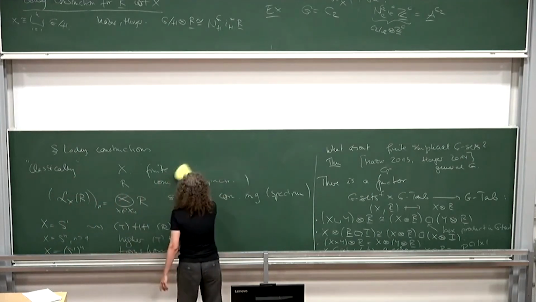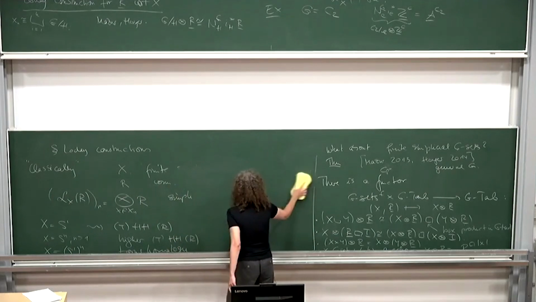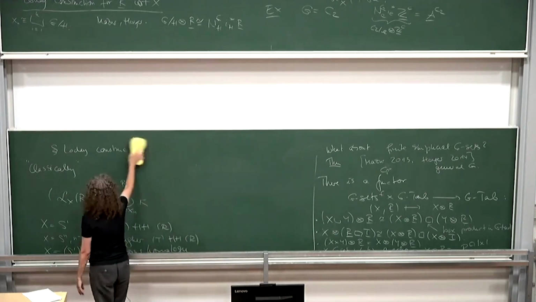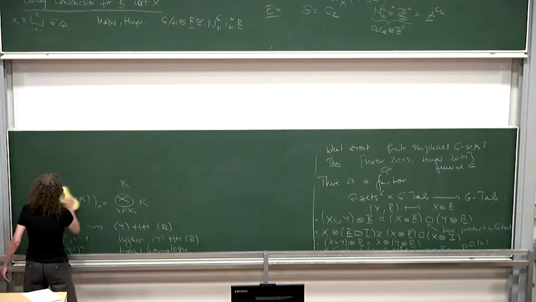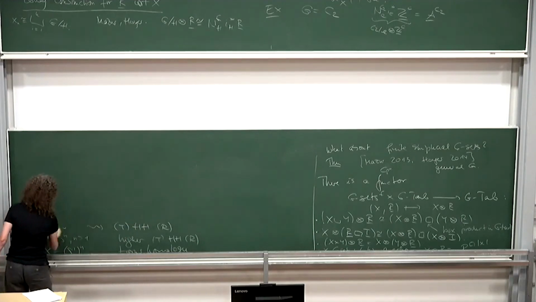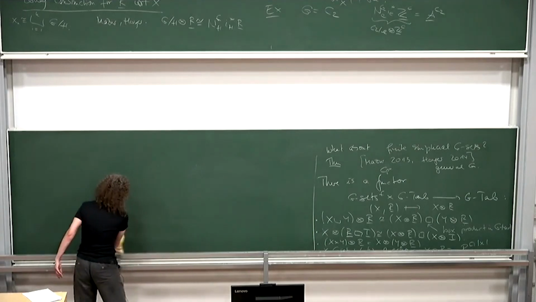The value of the Tambara functor of this constant thing just is a 0-1 decision. Do I have a fixed point, or is everything free?